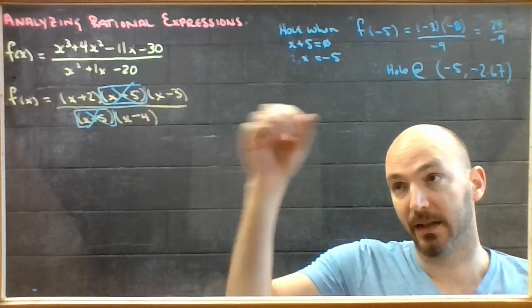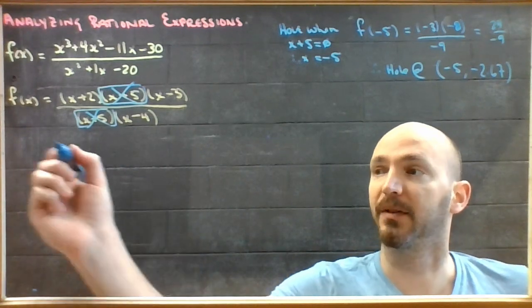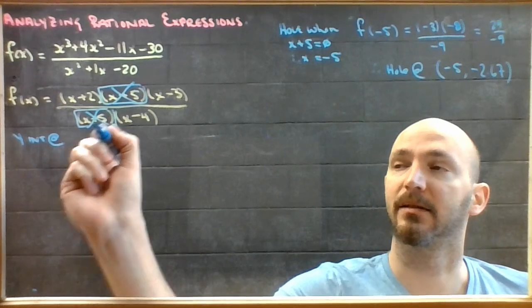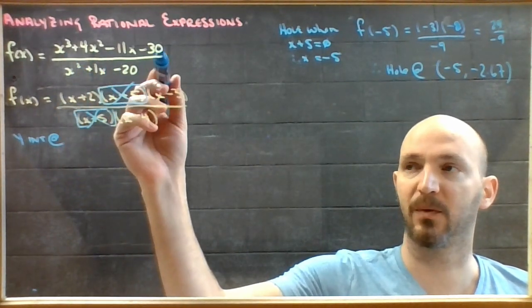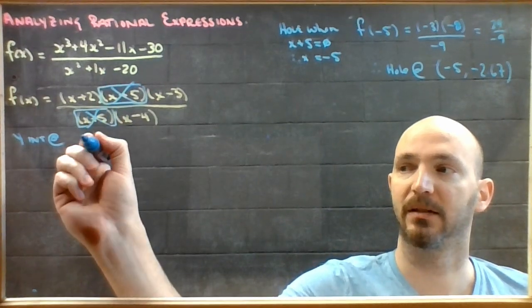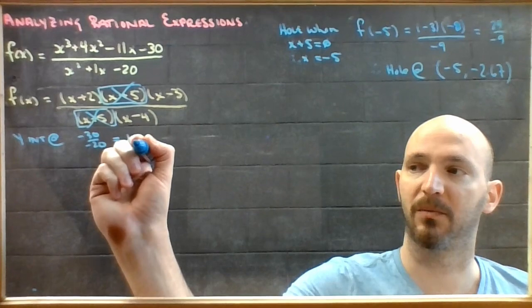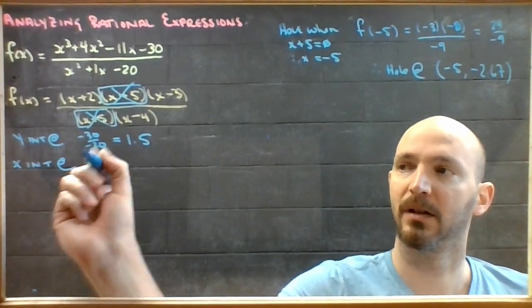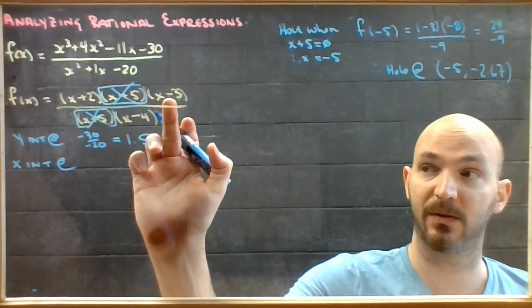Now that I've eliminated the masking stuff, I can find where the other intercepts are. So y-intercept at, well, we just put in all the zeros, so all this stuff went away. And with minus 30 over minus 20, which is just 1.5. I have an x-intercept for the x value that zeros this bracket and the x value that zeros this bracket.